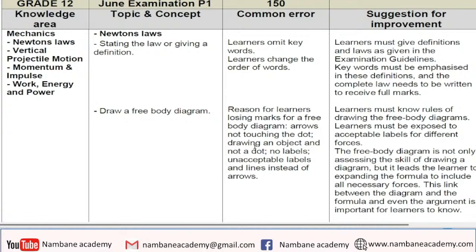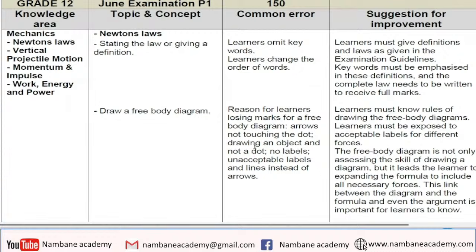Then you say for question 1, these are the questions that are cognitive level 1 and 2, and you start with those questions. Obviously, such questions will not require you to think a lot. So please start for each and every question with the questions that you will be able to get marks for. Do not start haphazardly. You go to question 1 and you see I am able to answer question 1.1, maybe 1.3, 1.5, and 1.7, and then you leave space for those that will require you to think a little bit harder.